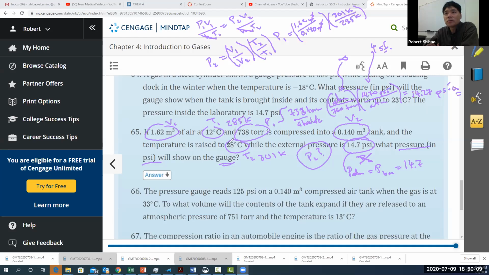And so the pressure was 738 torr absolute, or 14.27 PSI. This is PSIA, absolute. I assume you guys know A and G from yesterday because nobody had any questions on it. So we're going to continue with this.